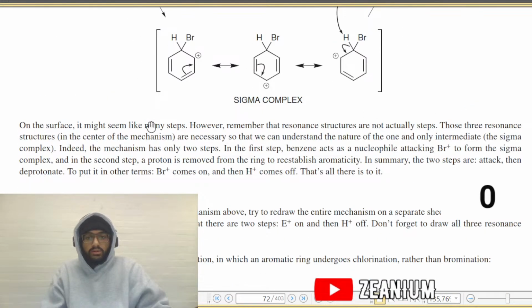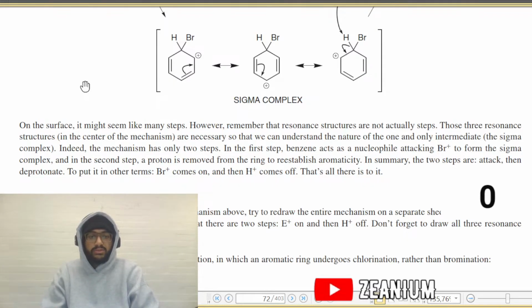Okay. On the surface, it might seem like many steps. However, remember, the resonance structures are not actually steps. Those three resonance structures are necessary so that we can understand the nature of the one and only intermediate, the sigma complex. Indeed, the mechanism has only two steps.